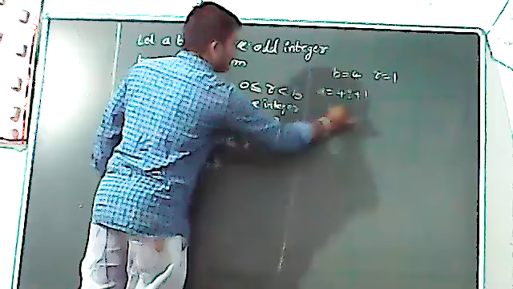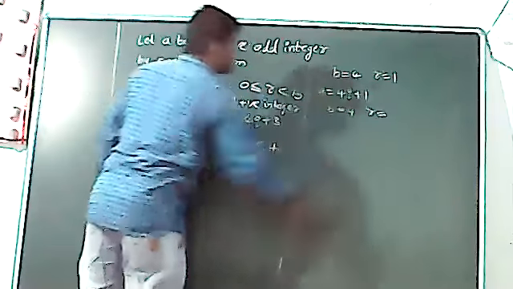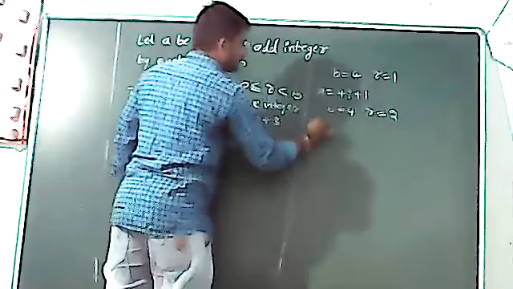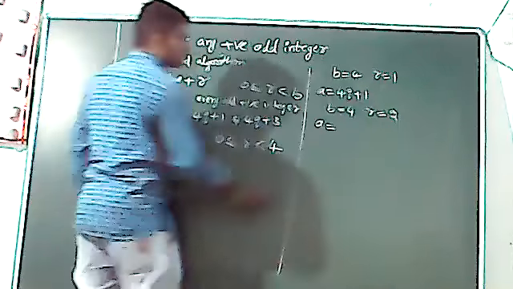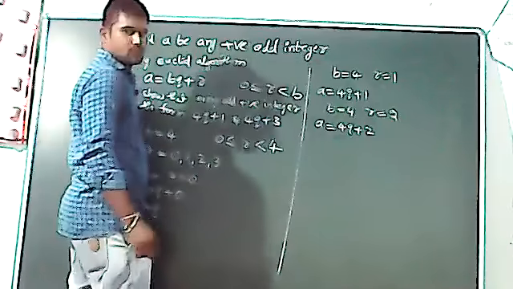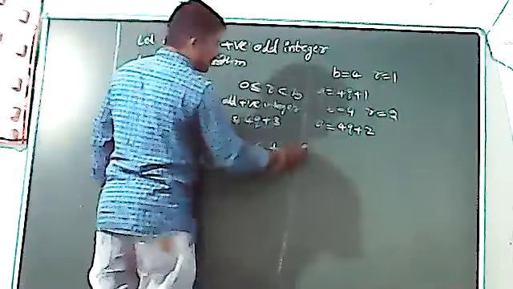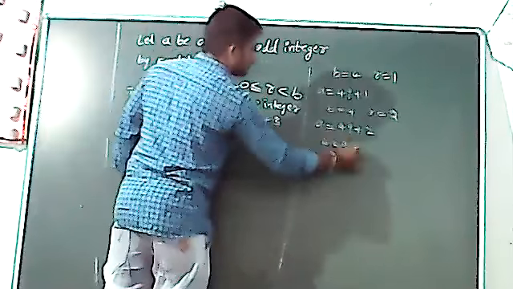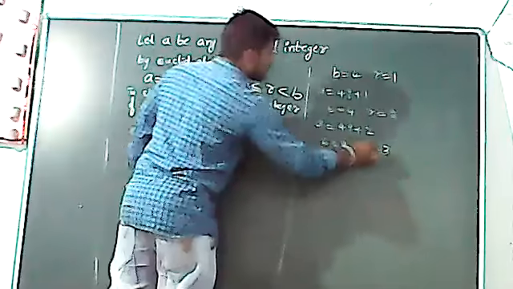Next, the third step. b is equal to 4 and r is equal to 2. Then in the Euclid algorithm we get 4q plus 2. And next, b is equal to 4 and r is equal to 3.